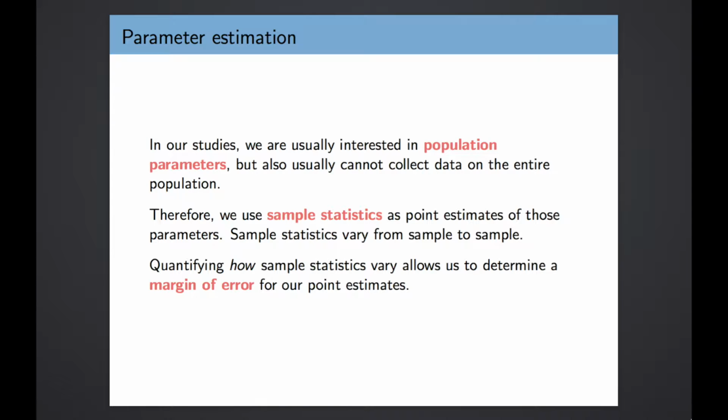Things like what the mean of the population is, what the shape of the population distribution is, what proportion of the population falls into different categories, and things like that. But we're not able to directly measure the population parameters in almost all circumstances. So what we do is we take a sample and we calculate what are called sample statistics, which are our estimates of the population parameters.